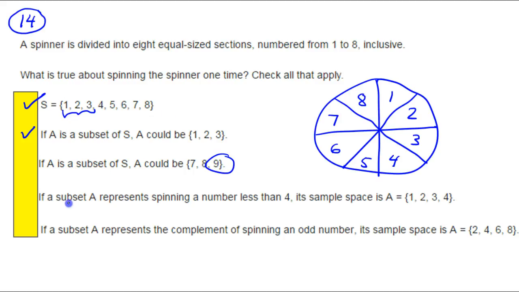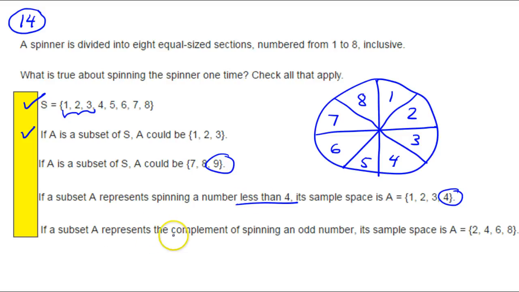If subset A represents spinning a number less than 4, then the sample space for A is 1, 2, 3, 4. No, because 4 is not less than 4. It's equal to 4. So that's a no.